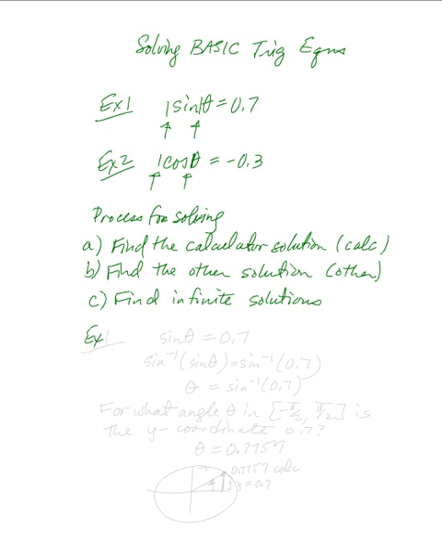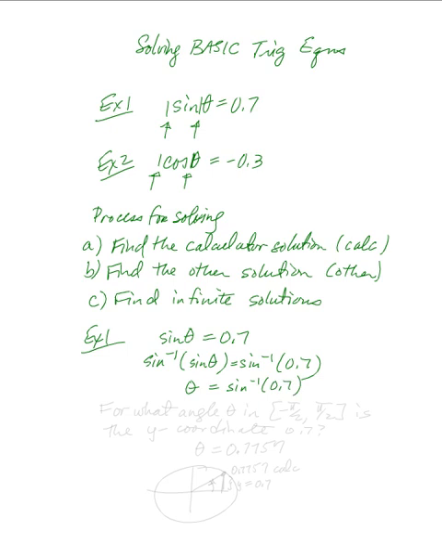So in the first example, sine of theta equals 0.7. Theoretically, we would take the inverse sine of both sides, and then theta is the inverse sine of 0.7.